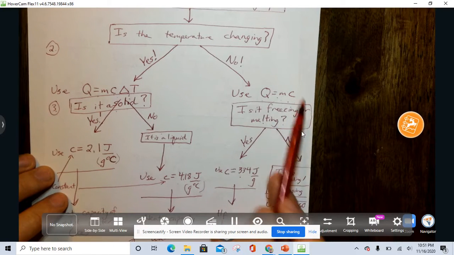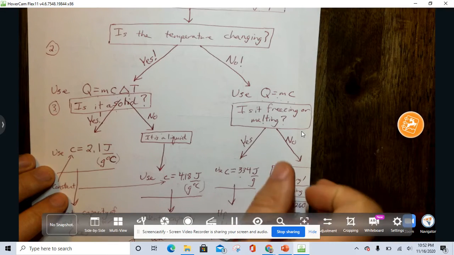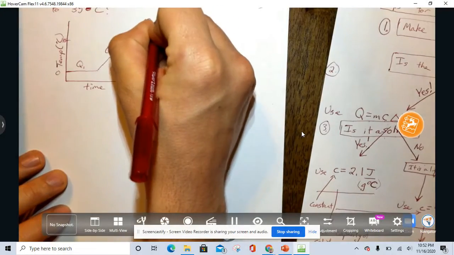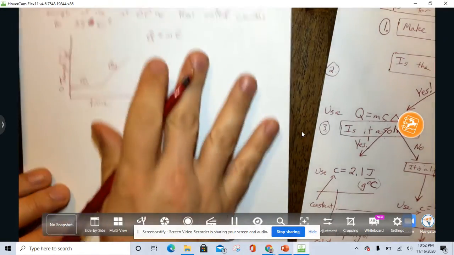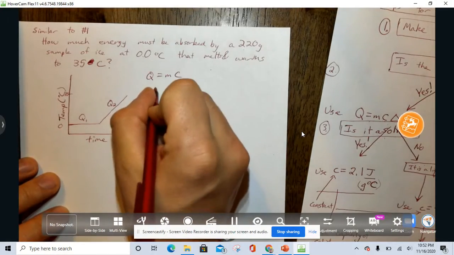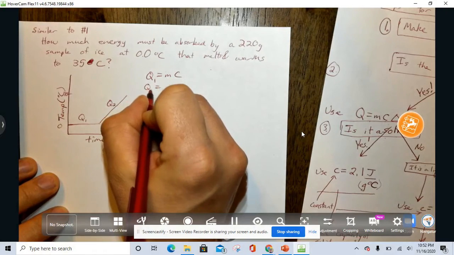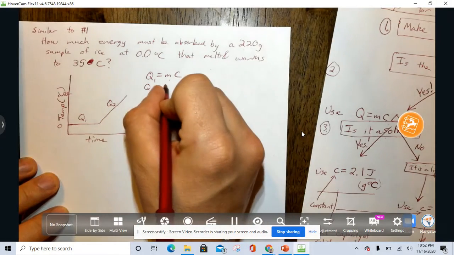So is it freezing or melting? Melting. We're going to use this equation, and we're going to use this C, 334 joules per gram. Q equals MC. Q is what we're looking for. We know our M is 220 grams.